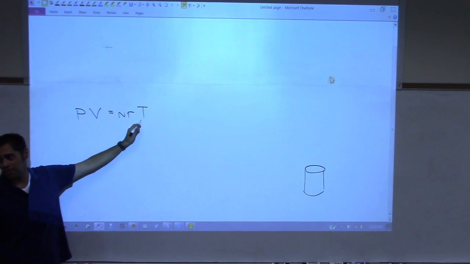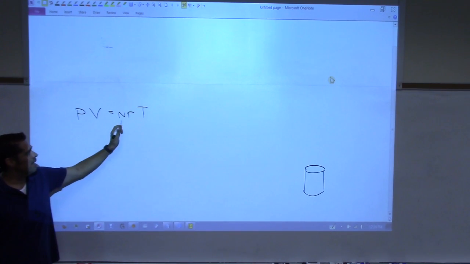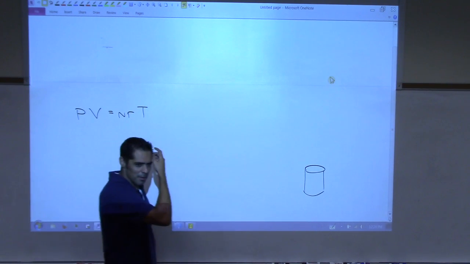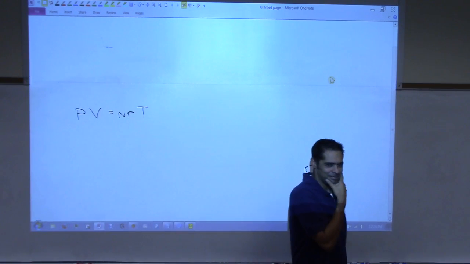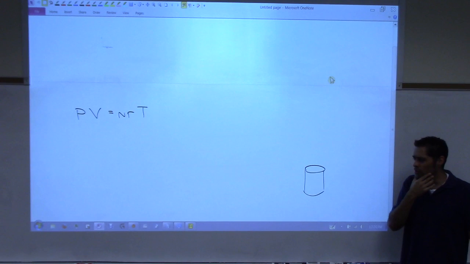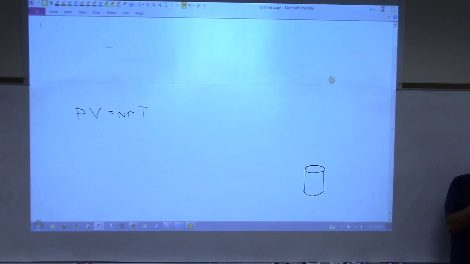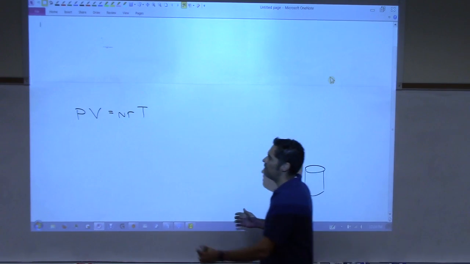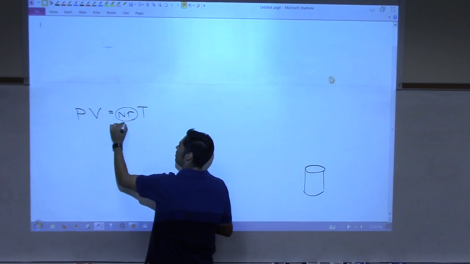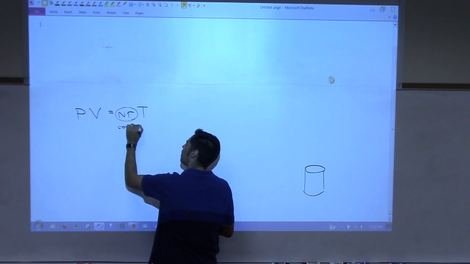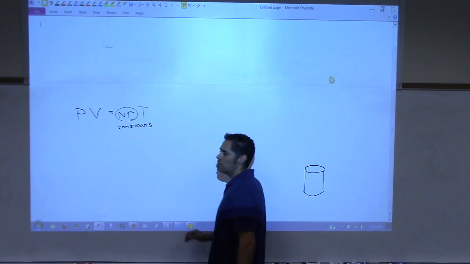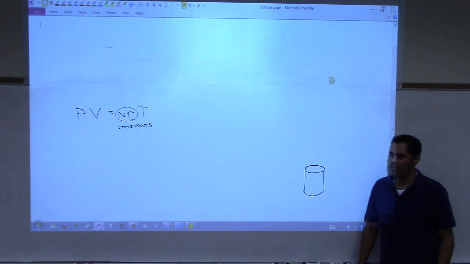T is temperature. n, R, anyone know what those are? No? Number of moles, and then Avogadro's constant. So, you could assume that in the problem you would know these would be constants. Avogadro's number is a constant.